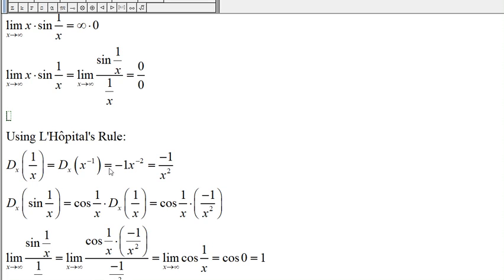The derivative of x to the negative 1 is negative 1 times x to the negative 2. Again, to take the derivative, we move the exponent, place it in front of the x, and then subtract 1 from the exponent. And then negative 1 times x to the negative 2 is the same as negative 1 divided by x squared.